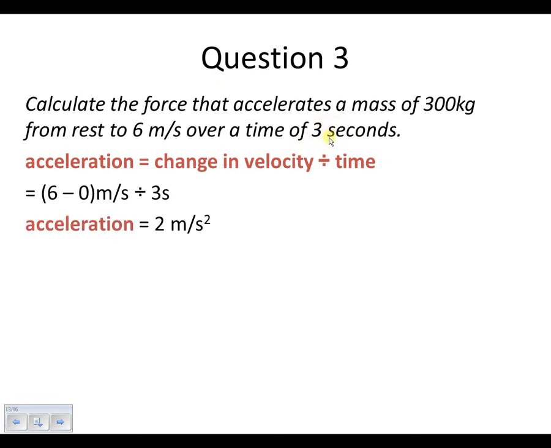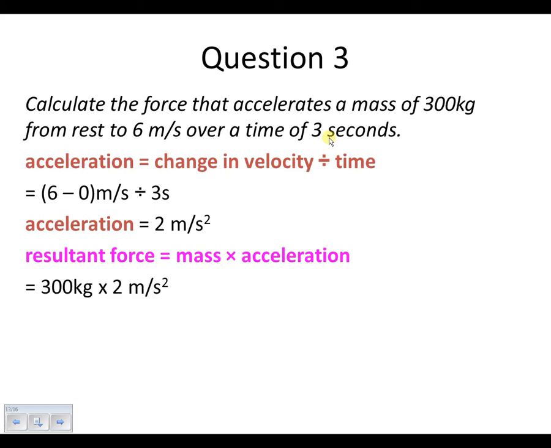So you've calculated acceleration, which is 2 meters per second squared. Now you can go back to the easy equation. You were looking for force anyway. Force is equal to mass times acceleration. Mass has been given. You've worked out your acceleration. So force is 300 kilos times 2 meters per second squared, and it's 600 newtons.